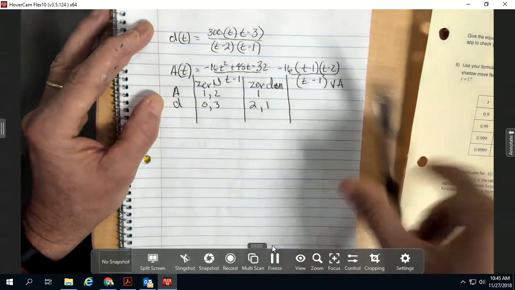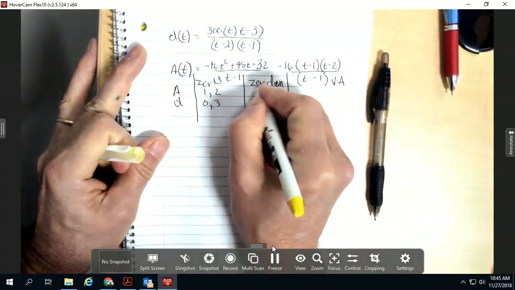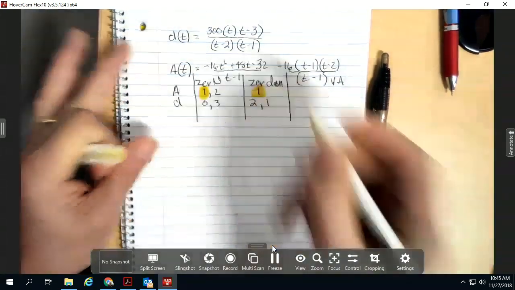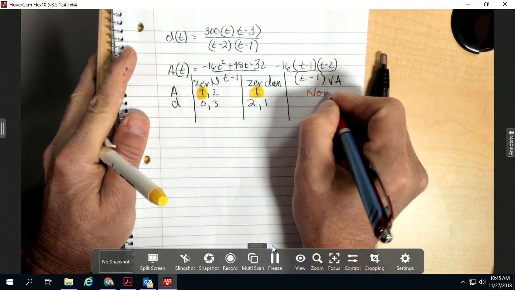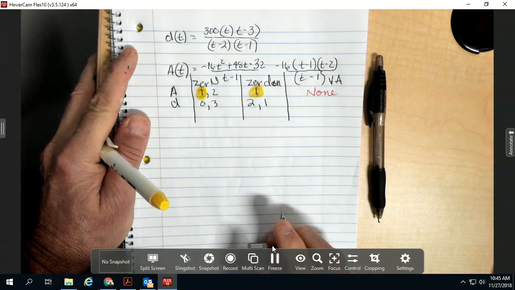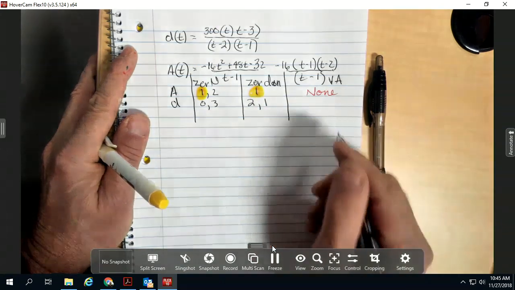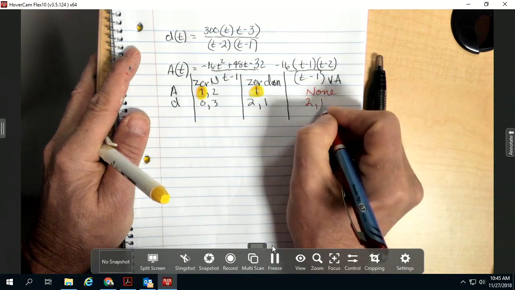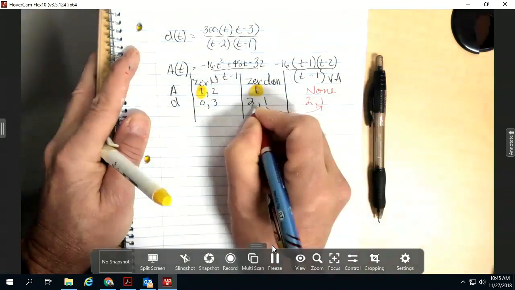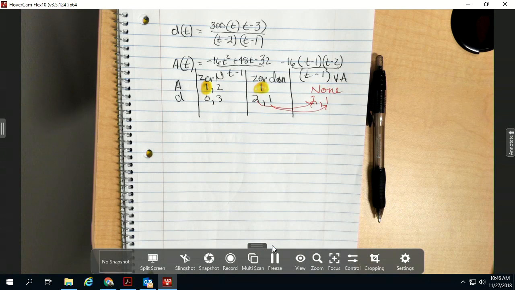Vertical asymptote. I'm going to tell you why there is no vertical asymptote. There is no asymptote because the 0 on the numerator matches the 0 of the denominator. Where are the vertical asymptotes here? At 2 and 1. Why 2 and 1? Because the vertical asymptotes have the same address as the zeros of the denominator.